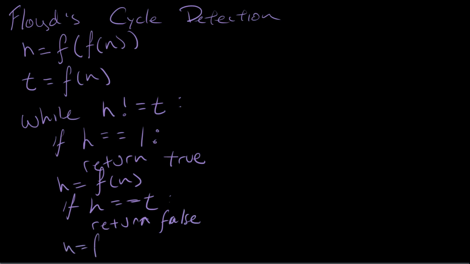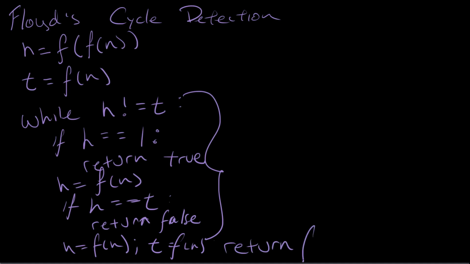And then we haven't, so we'll take another step. And the tortoise will take another step. And this while loop will keep going. If we ever are equal, then we will also return false. So I ran out of space, but at the end of this while loop, we will return false, because if we ever exited, it meant that our hare and tortoise met each other and it wasn't equal to 1.